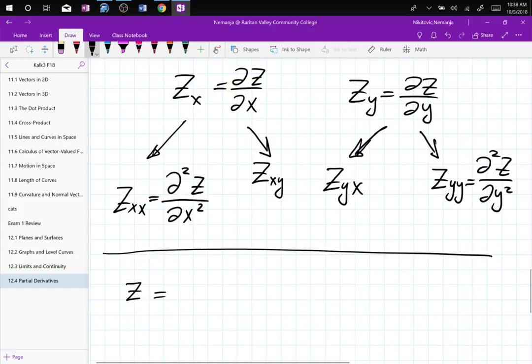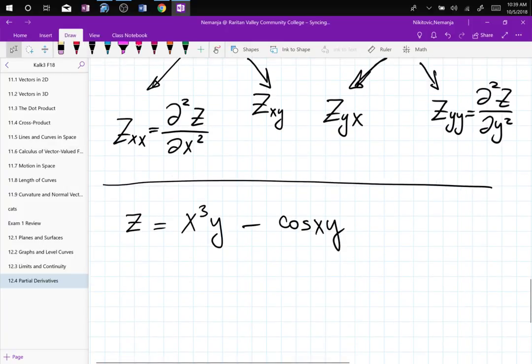Say z is given as x cubed y minus cosine xy. So this should be a good function to learn this. Partial x, also known as partial z, partial x.